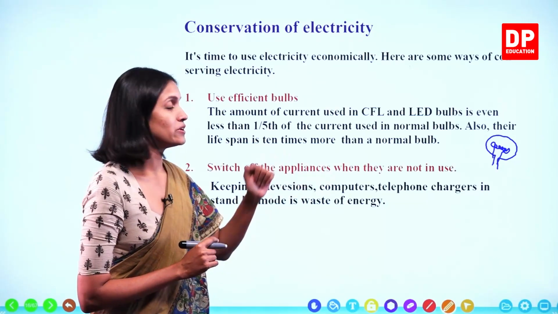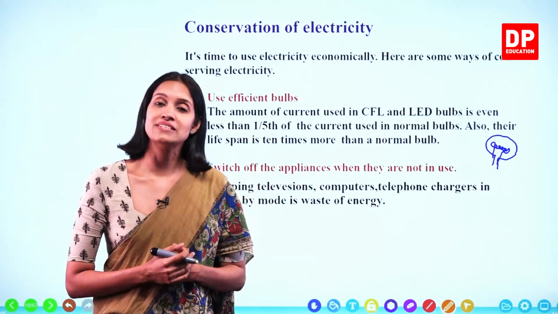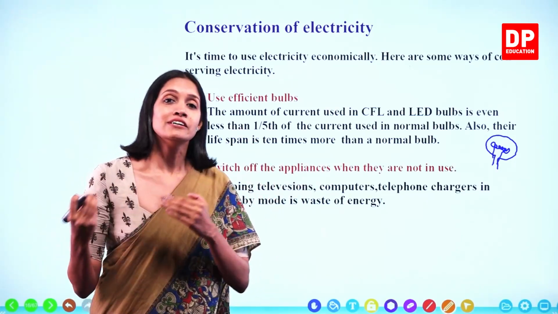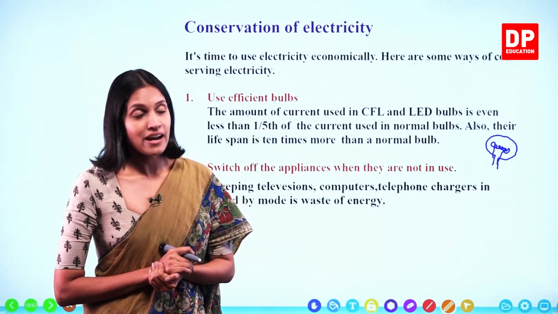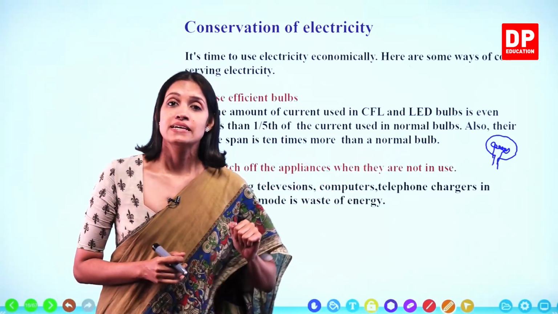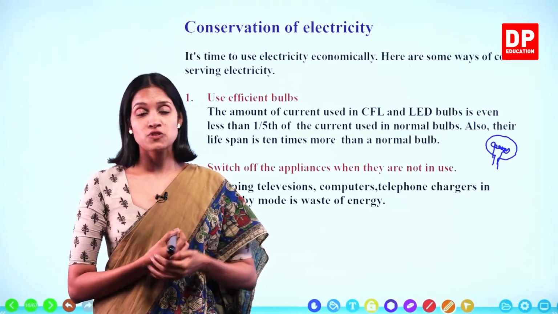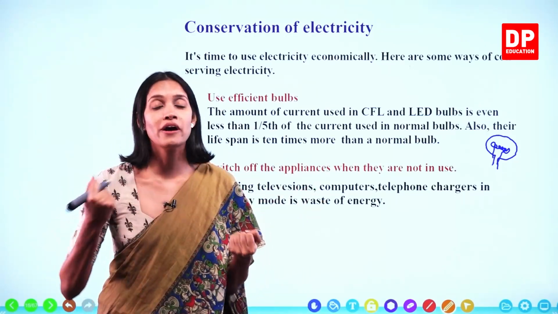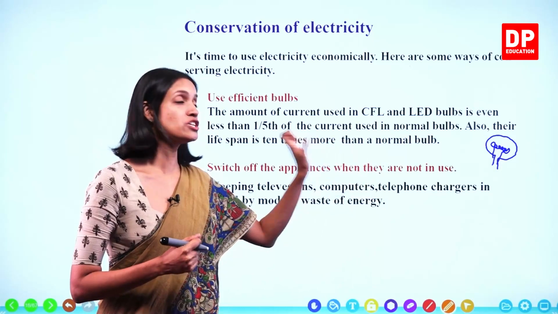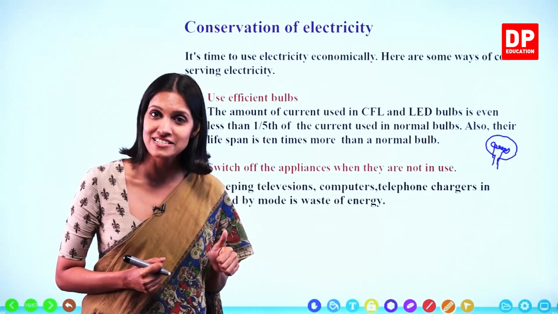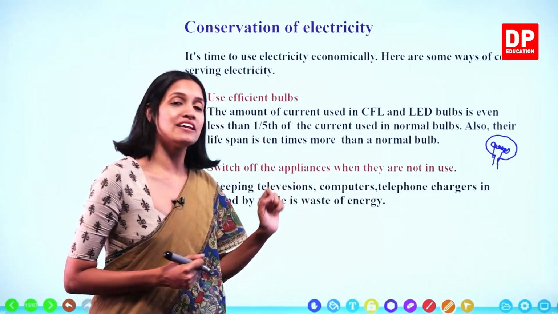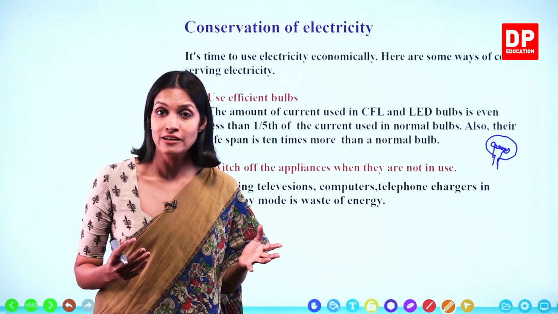And even computers, without shutting them down properly, we sometimes leave in sleep mode, right? Telephone chargers. Sometimes with these mobile phone chargers, we plug it in and we just remove the mobile phone, but we don't switch it off properly, right, children? So these are very careless mistakes we always make, right?